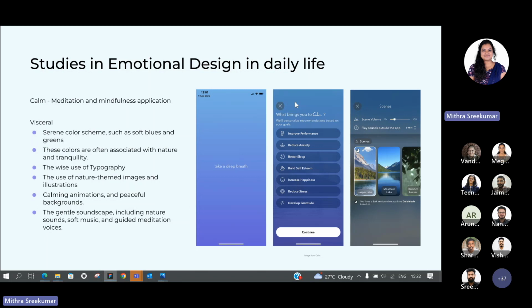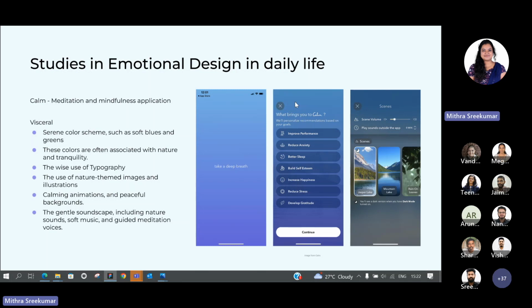So first we can check the visceral design that the designer has taken into consideration. Here, as we can see, the soft blues and greens are the main colors used in this application.